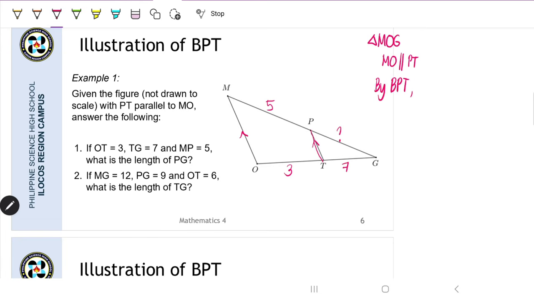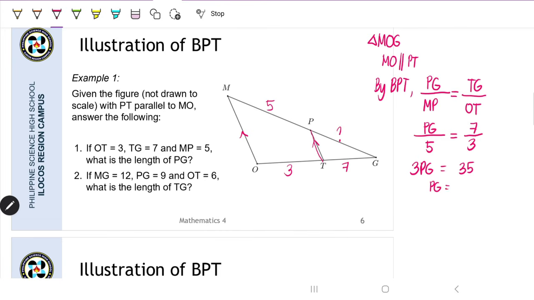We can say that the ratio of PG over MP is equal to TG over OT. Now substituting the given values, PG over 5 equals 7 over 3. Cross multiplying this, 3PG equals 35. So PG for item 1 is 35 over 3.